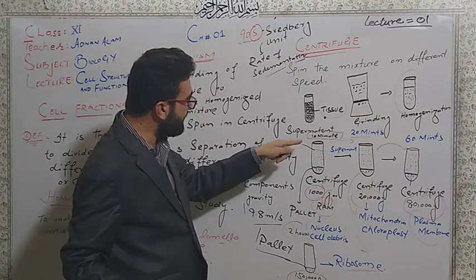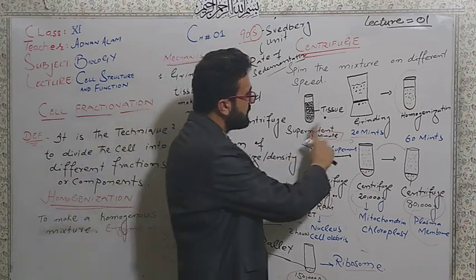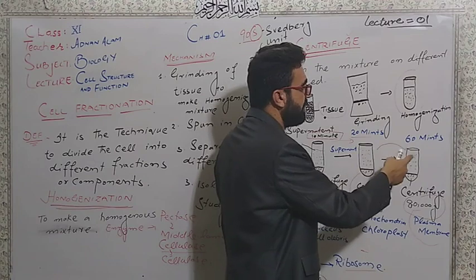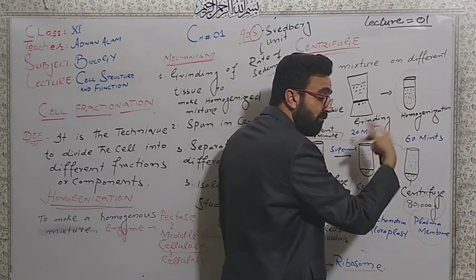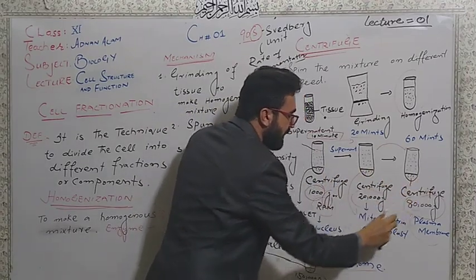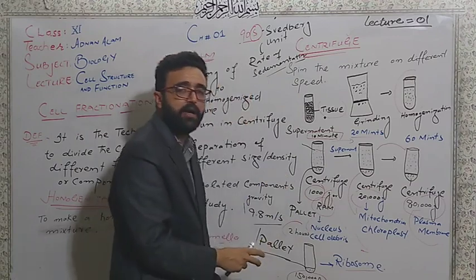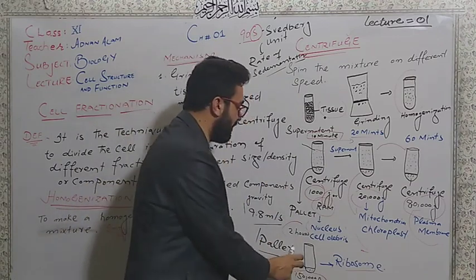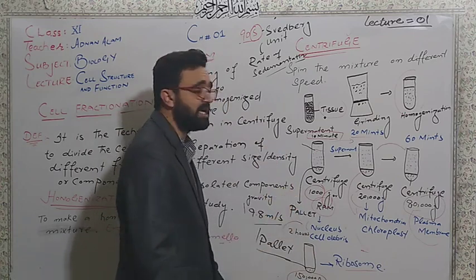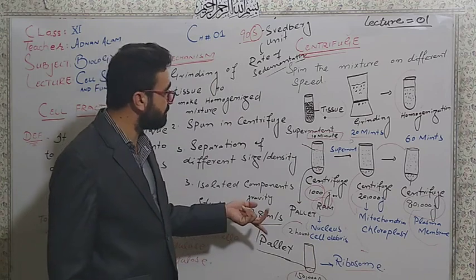You must learn them. My dear students, by spinning at different speeds and for different durations, we will obtain different size particles. If we want to obtain the smallest size of organelles, we need the high centrifugation speed, and the duration must be 2 hours.